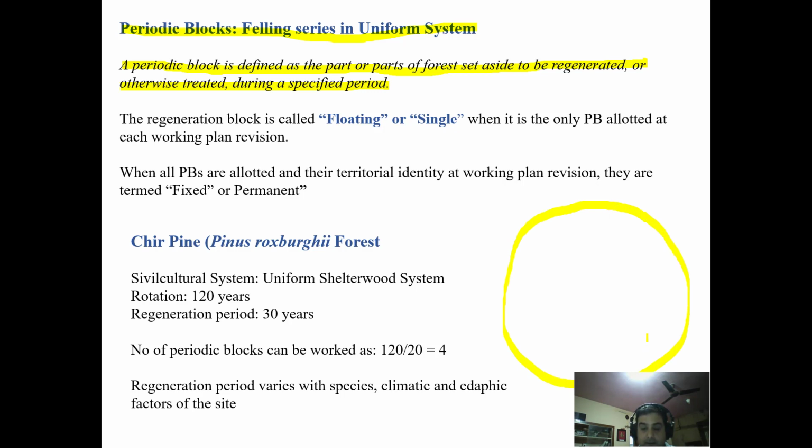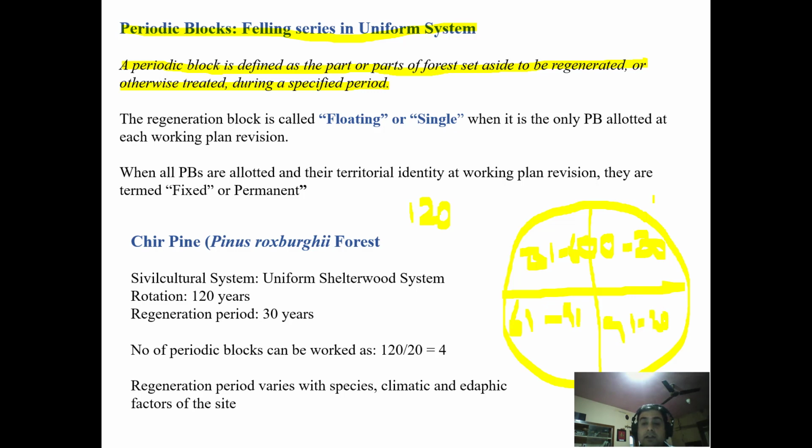Now you already know, if you have studied the course on silvicultural systems, that in the uniform system, with 120 years of rotation of any crop, we divide it into four periodic blocks: 0 to 30, 31 to 60, 61 to 90, and 91 to 120.